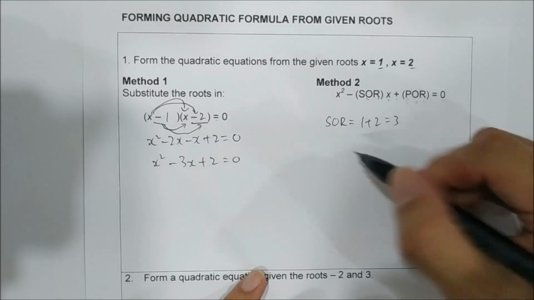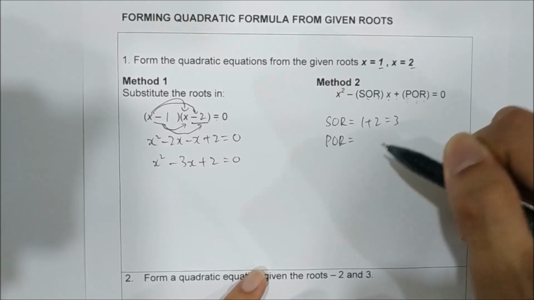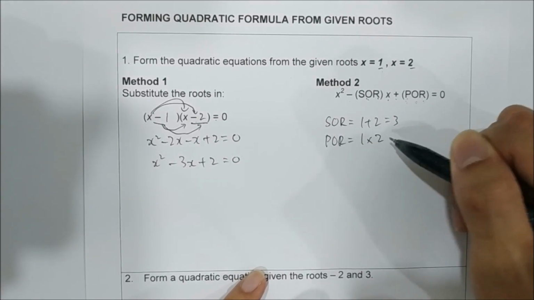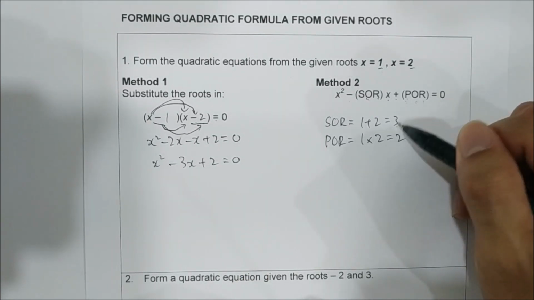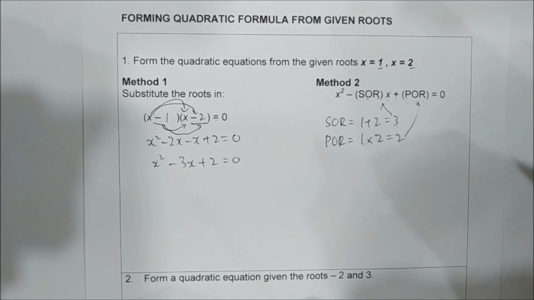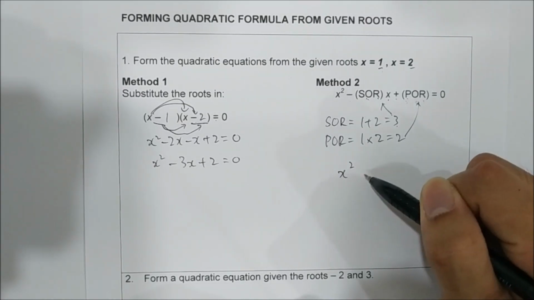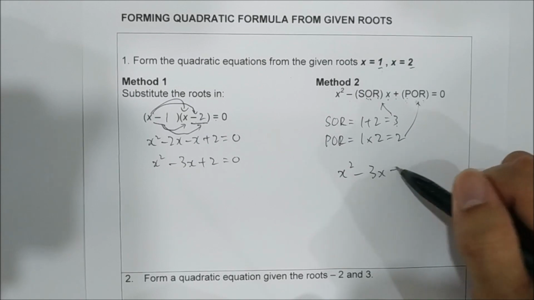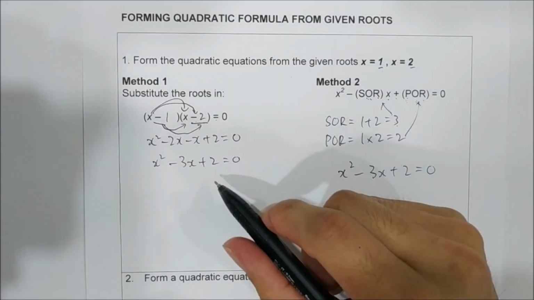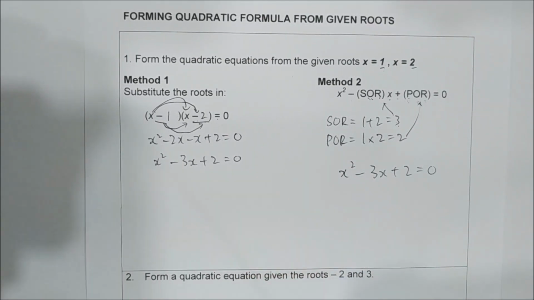And then the product of roots. Product of roots means 1 multiply 2. You get 2. Then you fill in the values inside the formula. You get x squared minus 3x plus 2 equals 0. And you see the answer is the same.